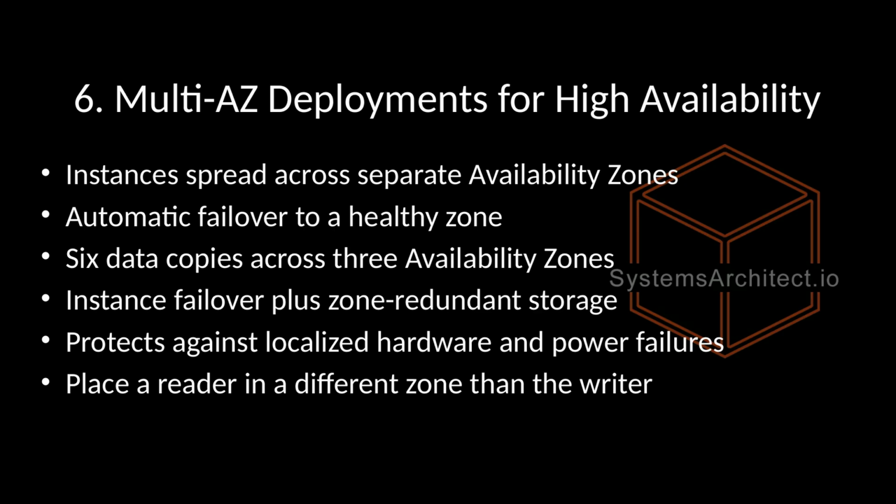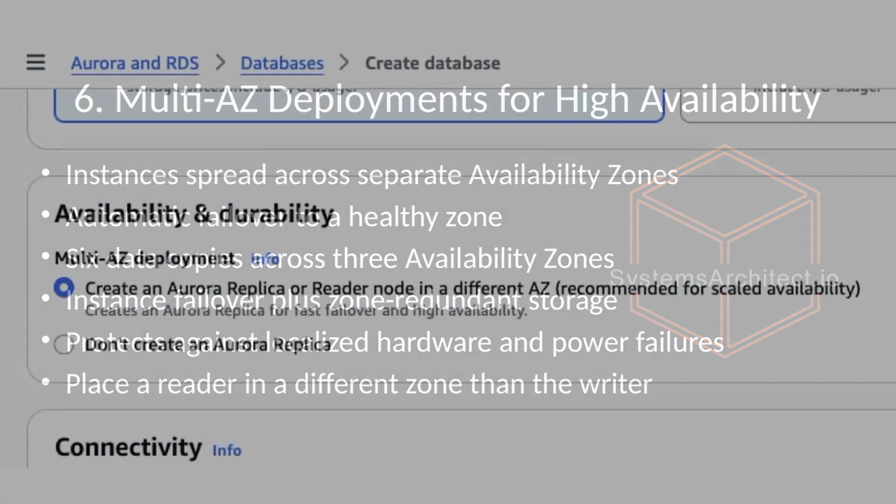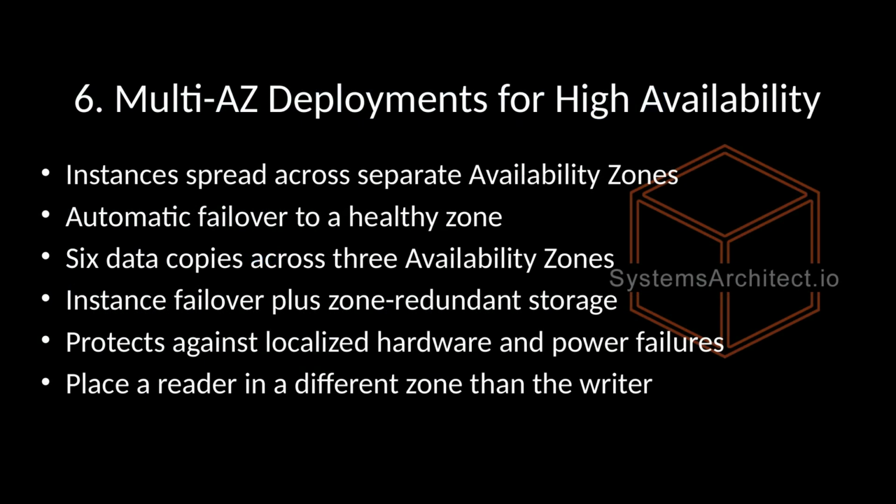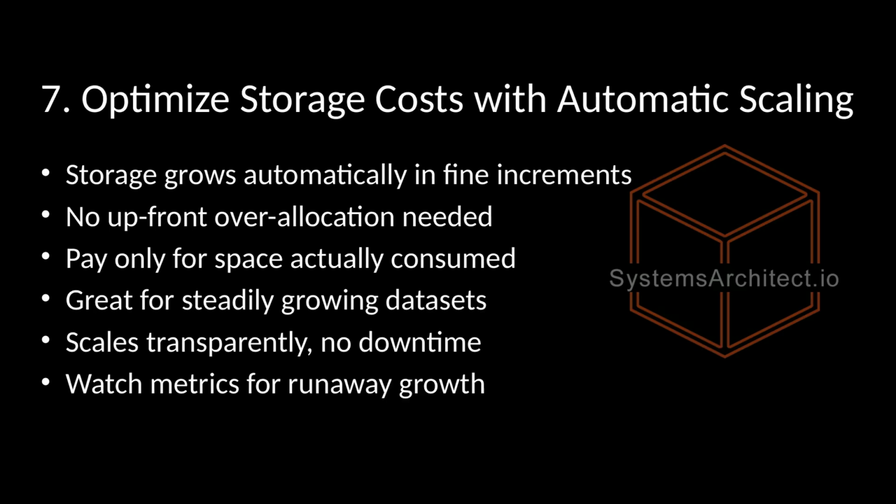This combination of instance failover and zone redundant storage protects against the localized failures that would take down a single zone database. Always place a reader in a different zone than the writer so failover has a healthy target ready.